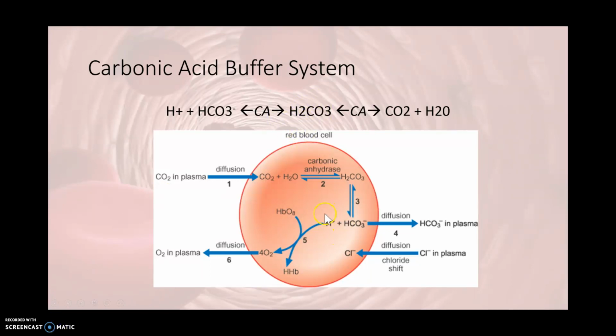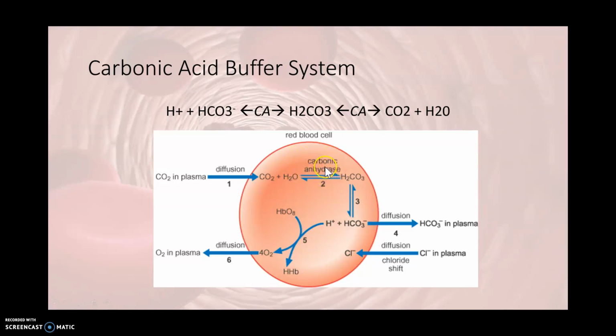Right, so right here we have our hydrogen. We're going to combine it with this bicarb ion, and we're also going to form carbonic acid right here, also using carbonic anhydrase. It's going to travel in the blood as carbonic acid. That's how it likes to travel. And then once the blood gets to the level of the lungs, we're going to use the same enzyme, because there's also one in the lungs.